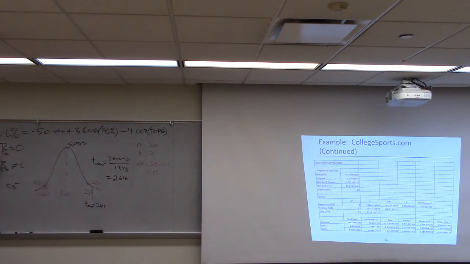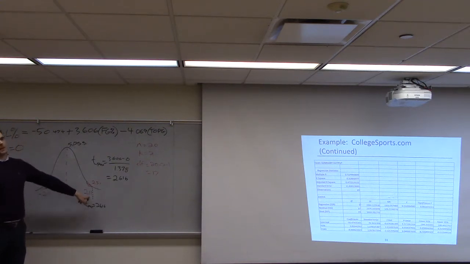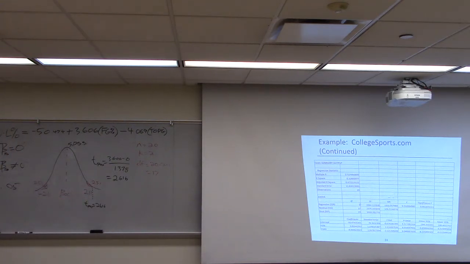If it is true that there's no relationship between field goal percentage and win-loss percentage, what is the probability of this sample outcome? 1.8. Yep, 1.8%. That's very unlikely. It fits our definition of very unlikely. So we're confident.